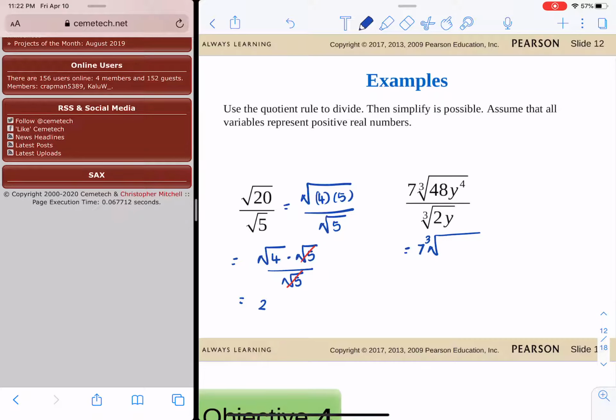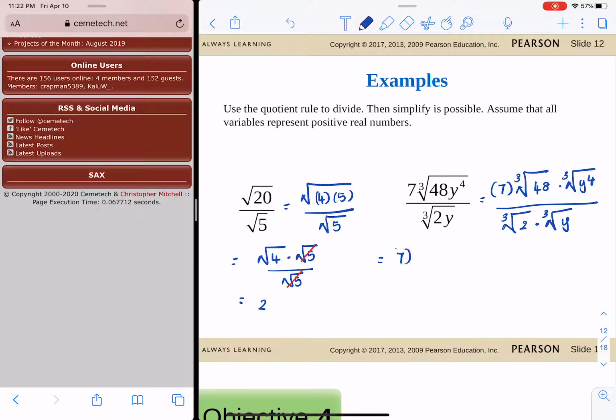So now we have 48, but before we get to that, since we have multiple terms, let's go ahead and split the root. We have 7 times the cube root of 48 times the cube root of y raised to 4, divided by the cube root of 2 times the cube root of y.